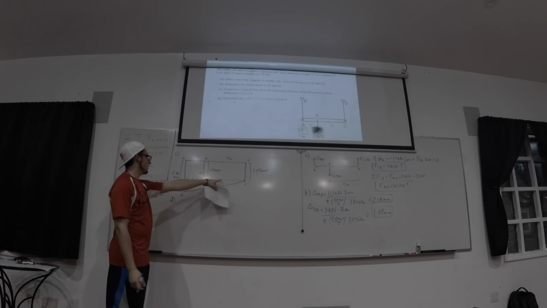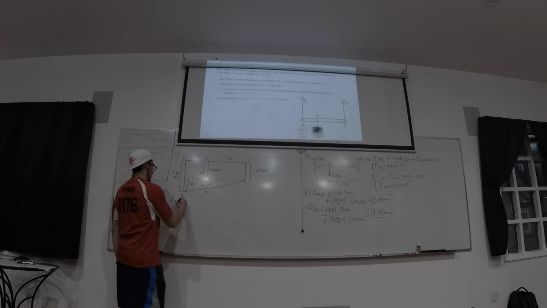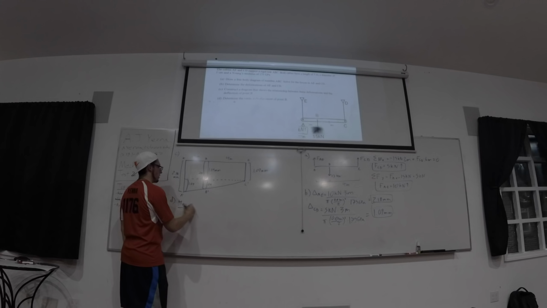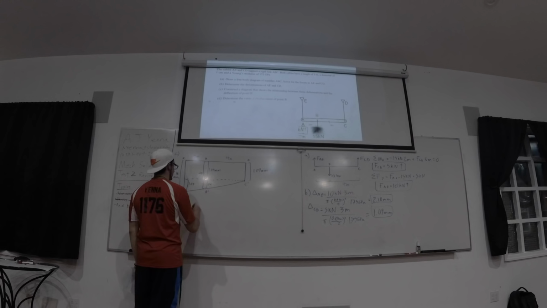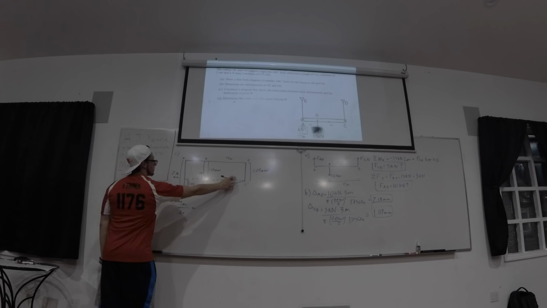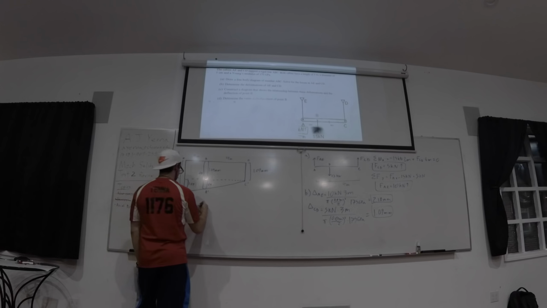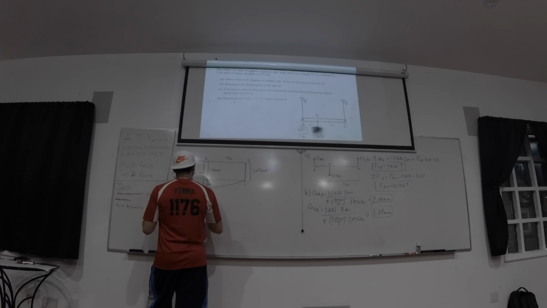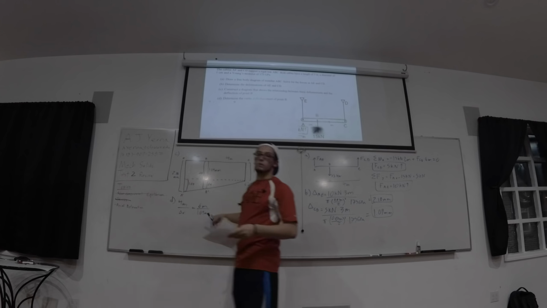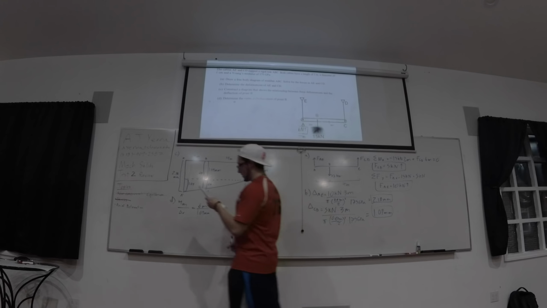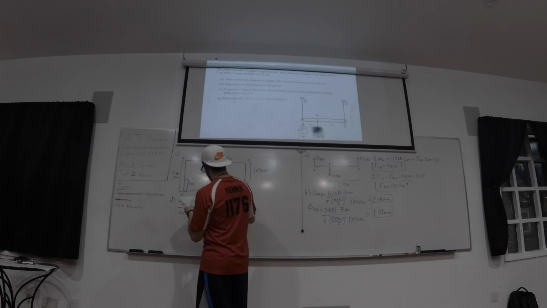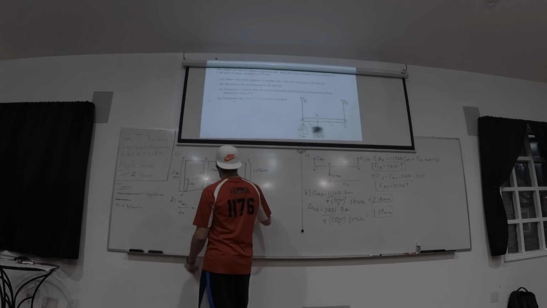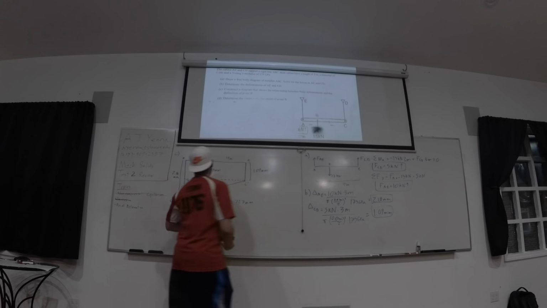You look at this triangle, you get 4 meters over delta X equals 6 meters over 1.09 millimeters. Remember to convert that to meters when you do your math. Delta X is 0.727 millimeters when you solve the proportion.